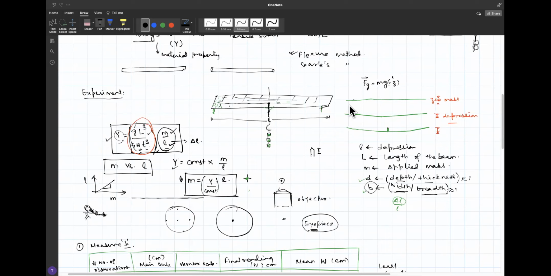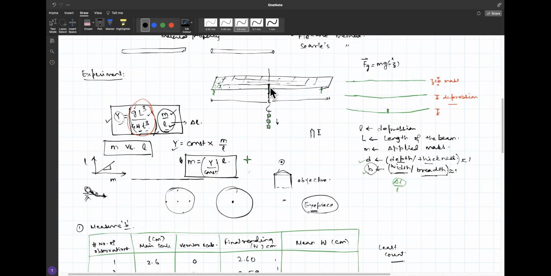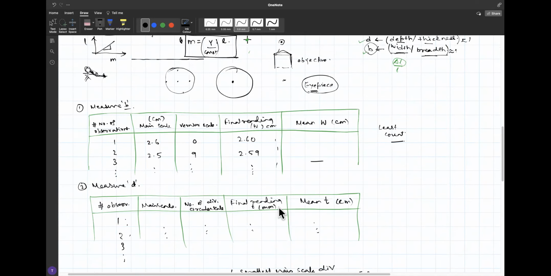And that is only true in certain cases, if you assume the mass is equally distributed, otherwise the density will matter, how the mass is distributed. So you ignore those complicated things and say this is a beam with very little mass, and whatever masses you apply are uniformly distributed over the beam. There is no heterogeneous mass distribution, and then you can safely ignore it. So the response of the beam to the stress that you apply is linear. We are assuming this, and then we are calculating the Young's modulus with that.